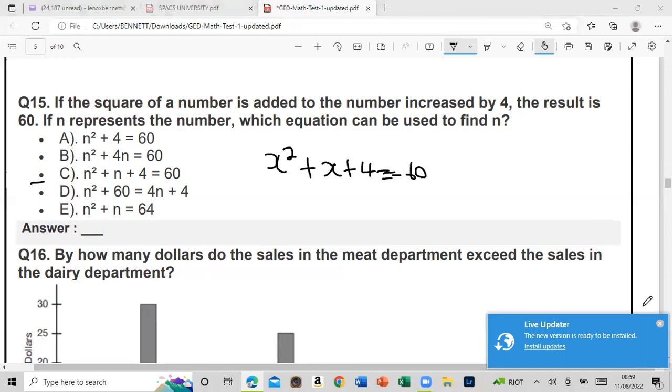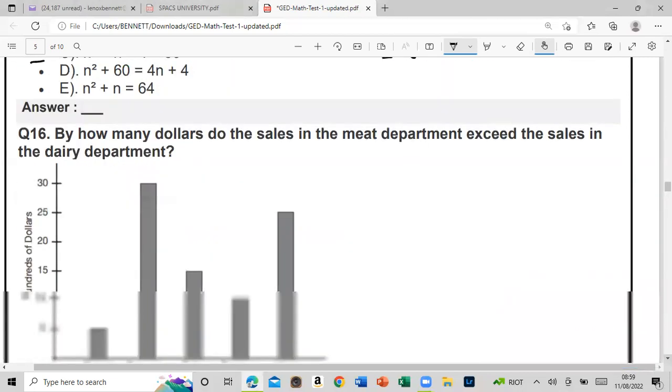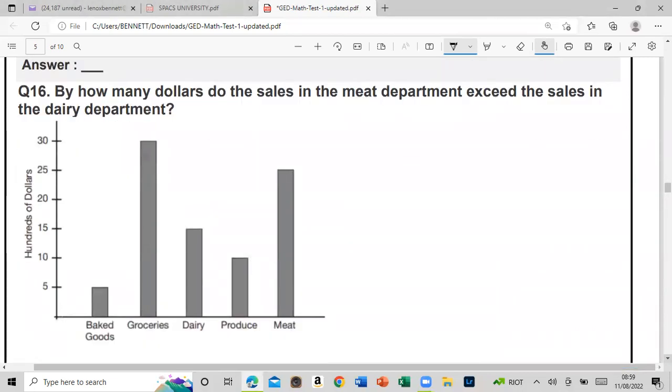Let's move on to number 16. By how many dollars do the sales in the meat department exceed the sales in the dairy department? So let's look at this. So this is the dairy. So that looks like 25, right? Which other department? That's the meat and the dairy.